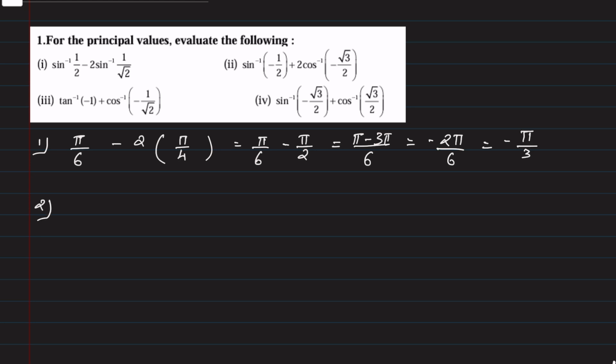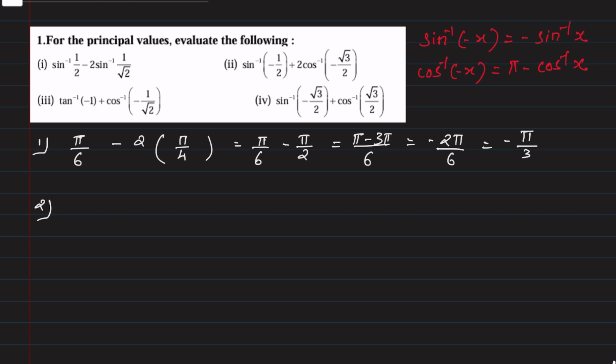Second, sine inverse minus 1 by 2. The identity: sine inverse of minus x is always equals to minus sine inverse x, whereas cos inverse of minus x is equals to pi minus cos inverse x.